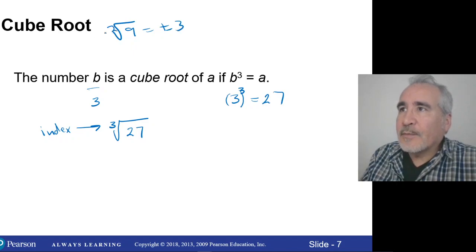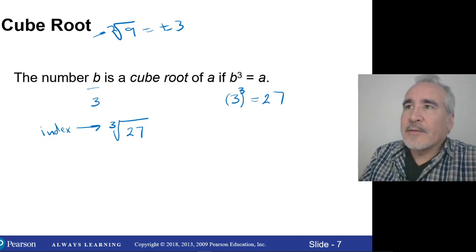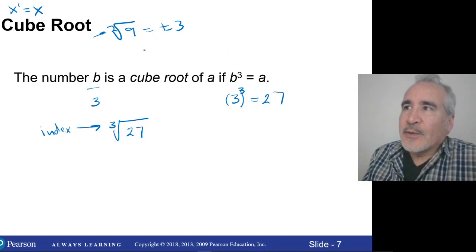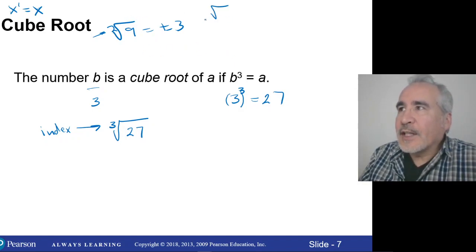We could have put the index here, but remember when we do things like x to the first power, if x to the second power, we'll write it, but if x to the first power, we just don't write it. It's invisible. And when we do 1 times x, we don't write it, right? So with the square root, we sort of do the same thing. We just don't write it. So whenever you see this, we assume that that's going to be the square root.